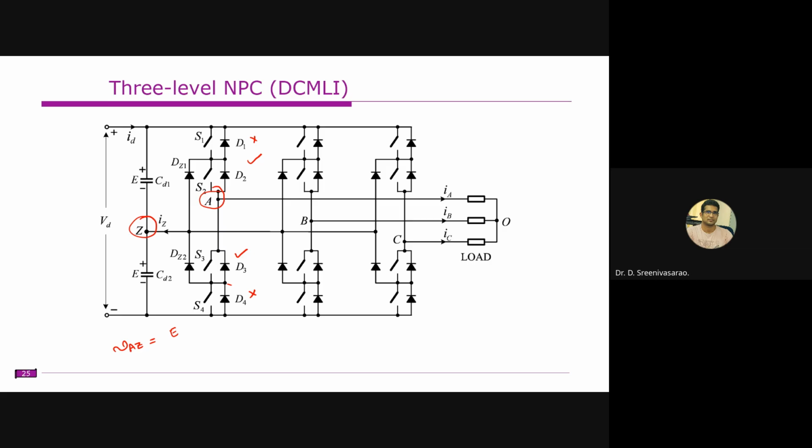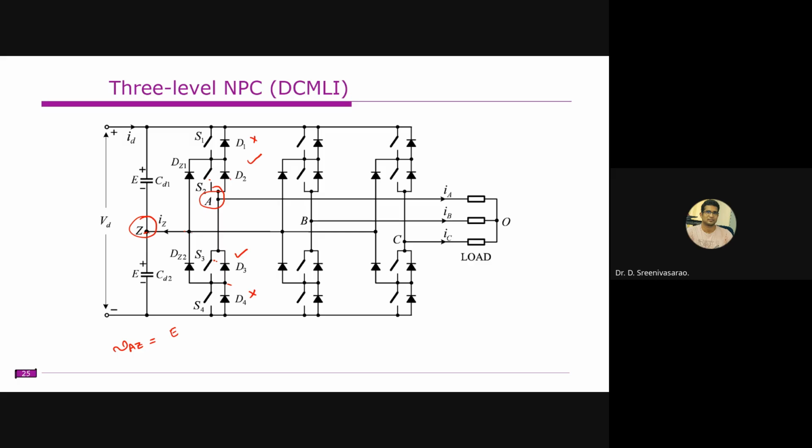As we discussed, S1 and S3 are complementary, and S2 and S4 are complementary. Now if S2 is conducting and S3 is conducting, these two are the diodes known as the clamping diodes. They are clamped to this neutral point, that's why they are known as clamping diodes.